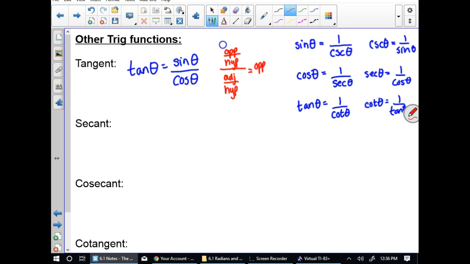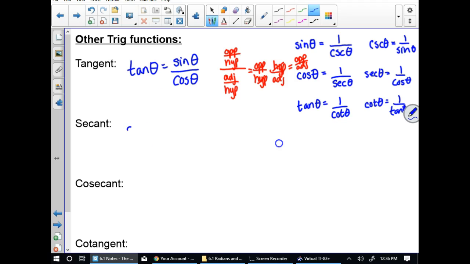So opposite over hypotenuse times hypotenuse over adjacent. What's going to happen with the hypotenuse in the top and bottom here? They cancel, giving you opposite over adjacent, which is tangent, right? So that's sort of like a quick proof of making you definitely believe I didn't just make that up and tell you to memorize it, even though it's wrong. So tangent equals sine over cosine.